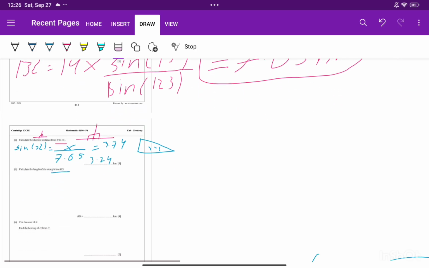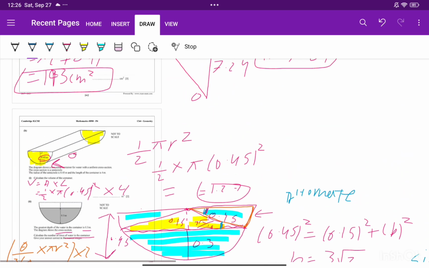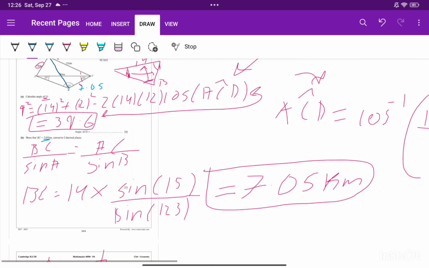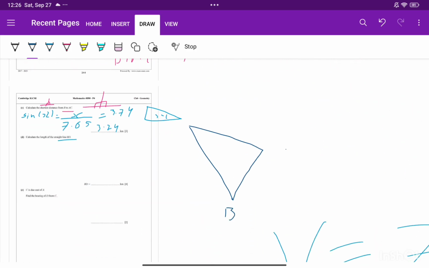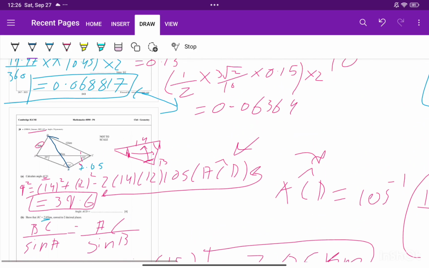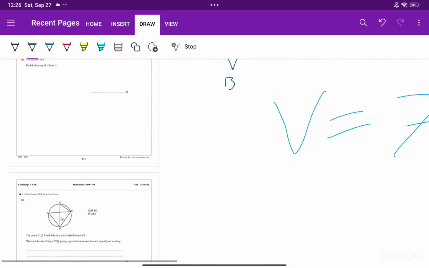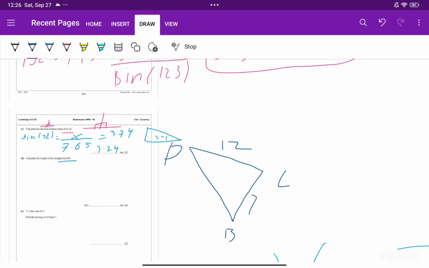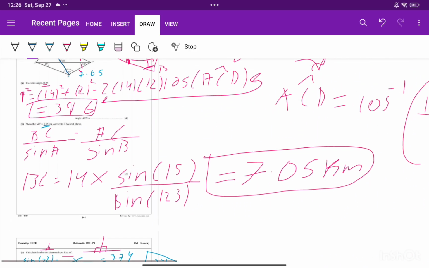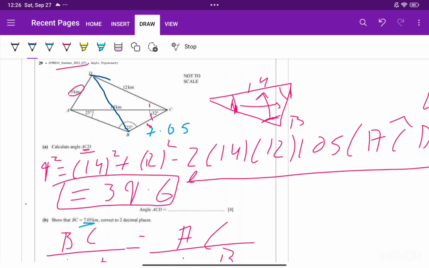BCD, with sides 12 and 7.04. We found ACD is 39.6, and we know this is 32.